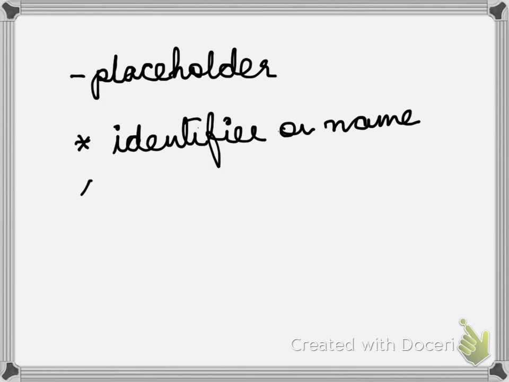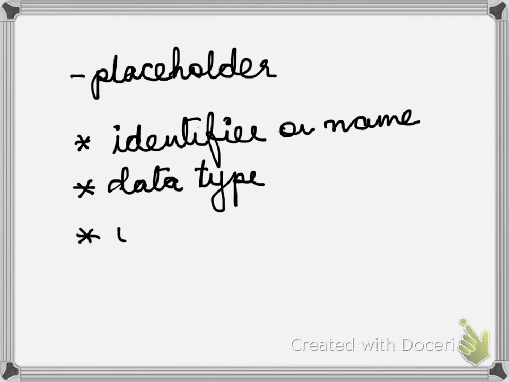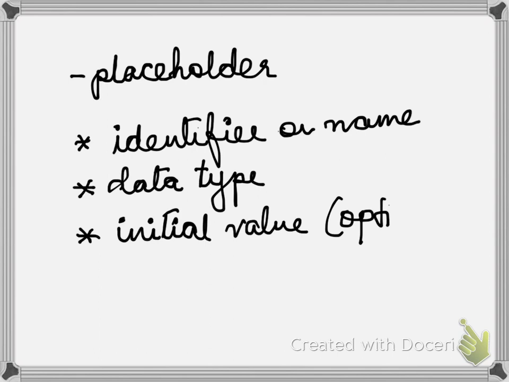We assign a data type to the variable, and thirdly, optionally, we can give an initial value. So with these three things we can define a variable in Java.